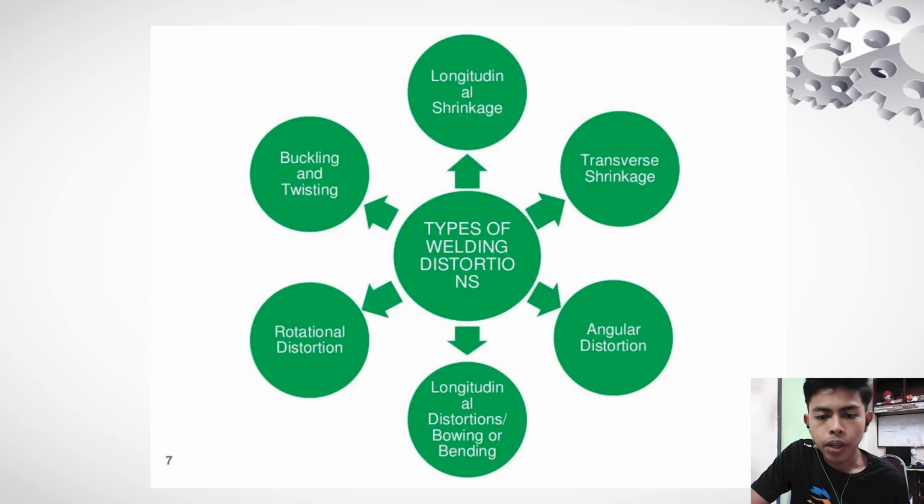Types of welding distortion: transverse shrinkage, angular distortion, longitudinal distortion or bowing or bending, rotational distortion, buckling and twisting, longitudinal strip change.